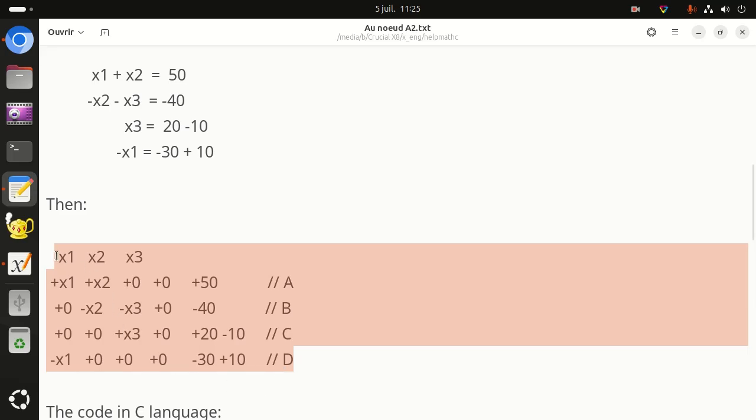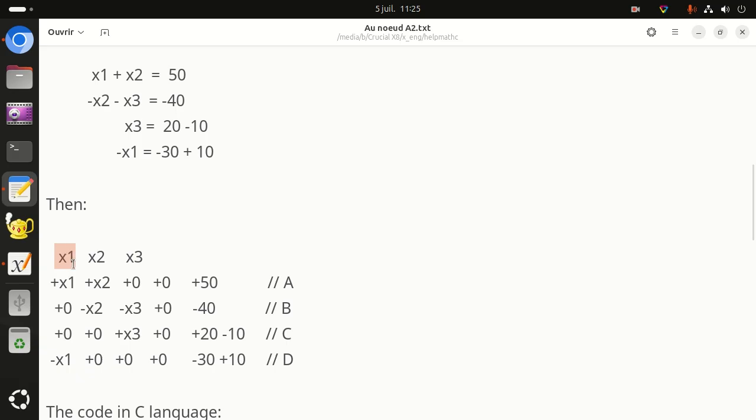I have put x1 in the first column, x2 in the second column, and x3 in the third column. In the fifth column I have put the numerical values, and I have added a column of 0.